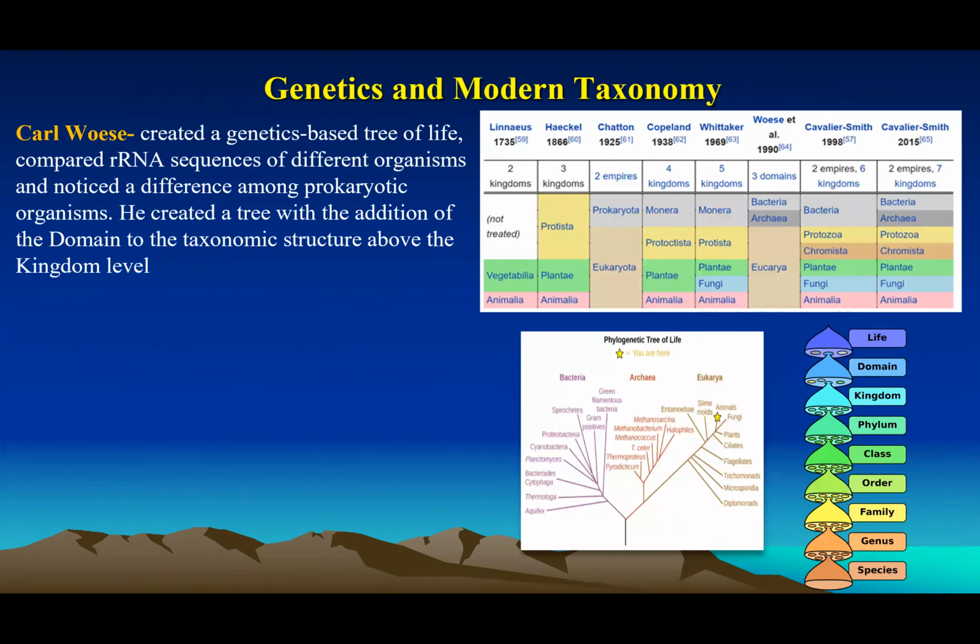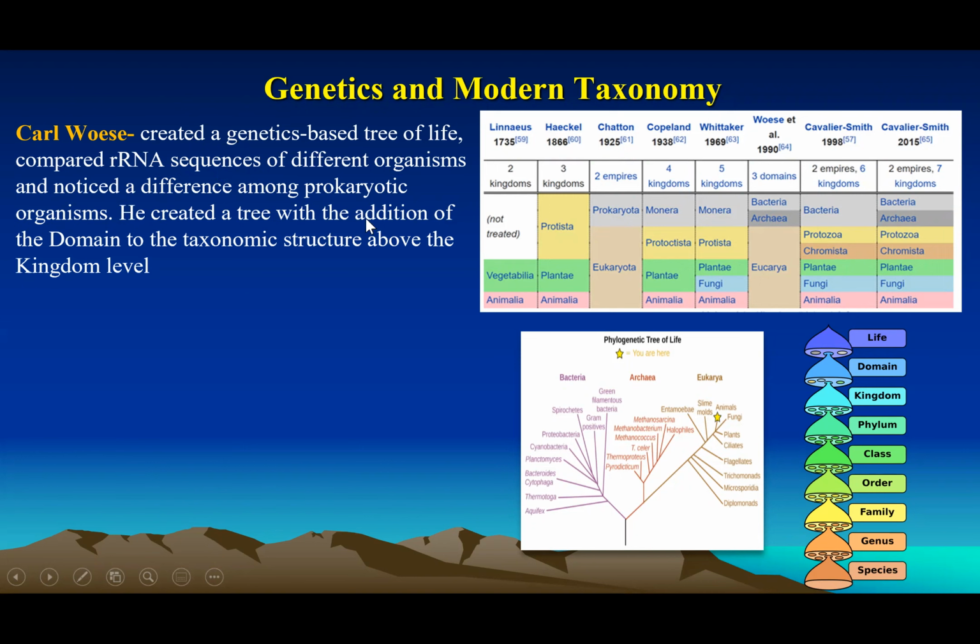And now genetics and gene sequencing came into play. So Carl Woese created the genetics-based tree of life. So he would sequence ribosomal RNA, because this is the sequence that can get mutated first. So if you want to study genetic relatedness among organisms, this is an excellent tool. So what happened was, after molecular biology came into play, the tree of life was rewritten.